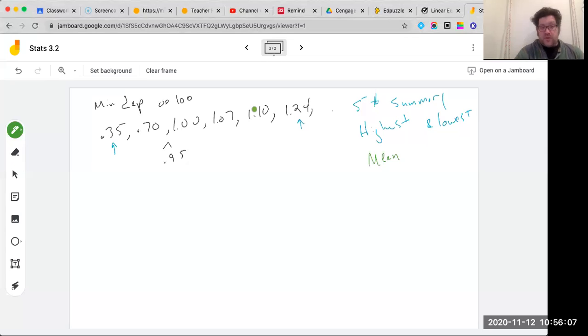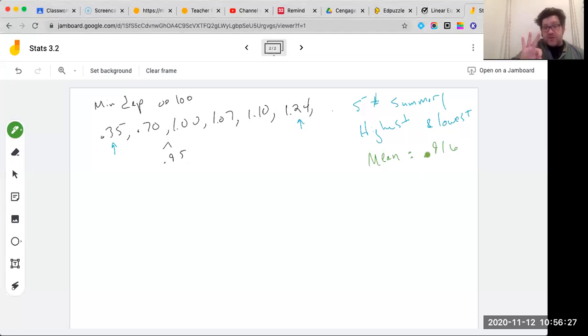That's 6.41, and we have 1, 2, 3, 4, 5, 6, 7 numbers. So we divide that by 7, and we get our mean is equal to 0.916.